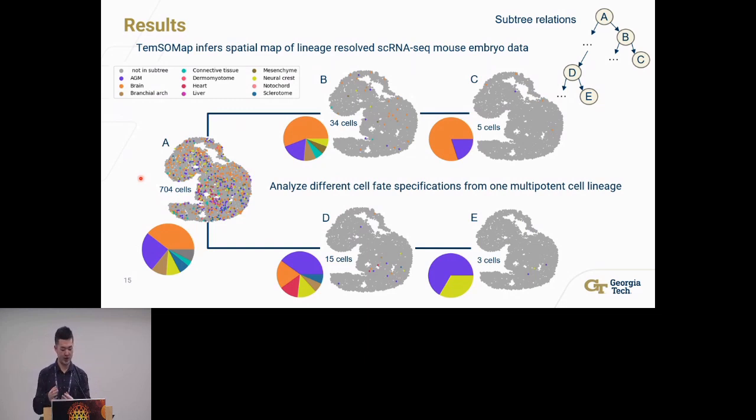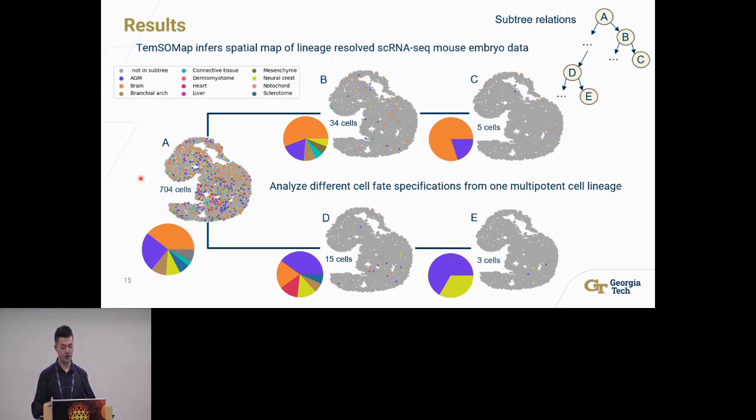We can go down the lineage tree and find two separate paths. One is subtrees B and C, and another is subtrees D and E. Surprisingly, these two paths end up in two different cell fates. The top one ends up with a majority of brain cells, and the latter one is more about AGM cells. And using the spatial map, we can also see how the spatial distribution of the cells changes along the path.